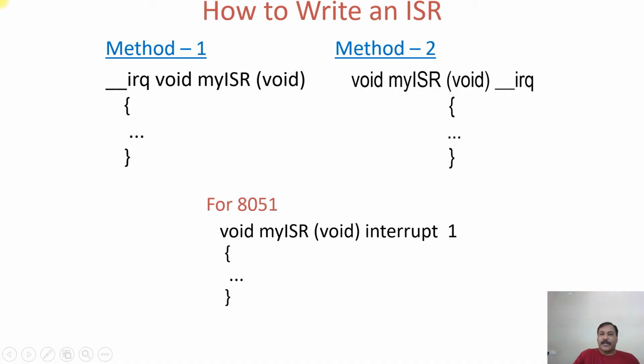And more importantly, how do we write an interrupt service routine in LPC2148? First of all, if you remember, how did we write the interrupt service routine in 8051?